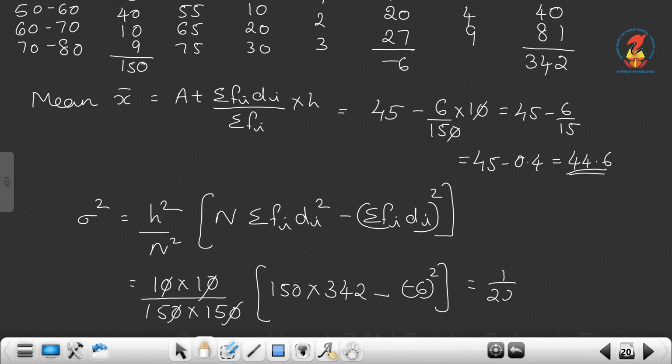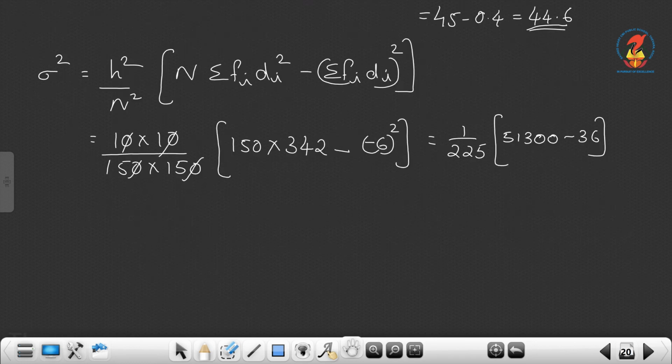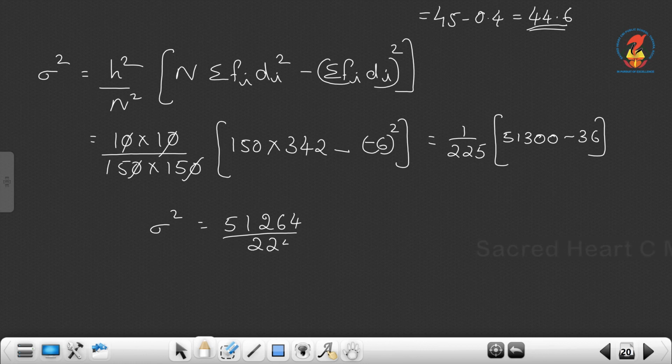So 1 by 225 into 342 into 150, that is 51300, minus 36. So sigma square is 51264 by 225. So the answer is 227.64.